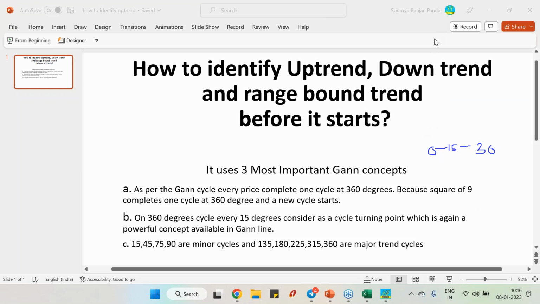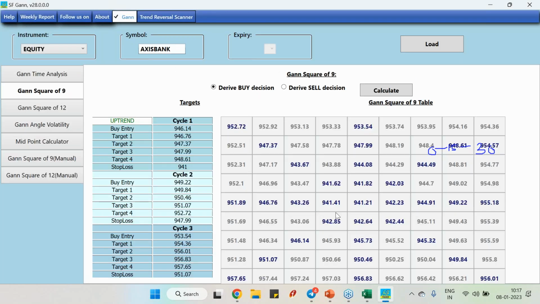So what is a turning point? As I said to you, about the turning point: every 360 degree rotation. This is the square of 9 I was talking about. The square of 9 is just like a wheel, a rectangular wheel. It is not a circular wheel.